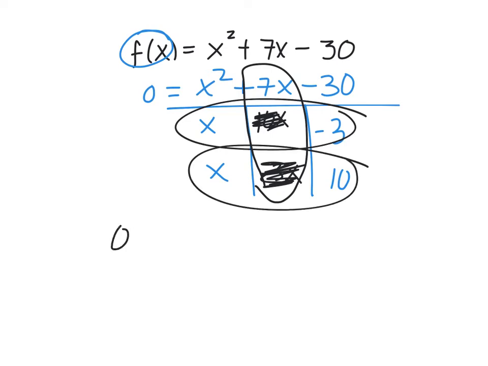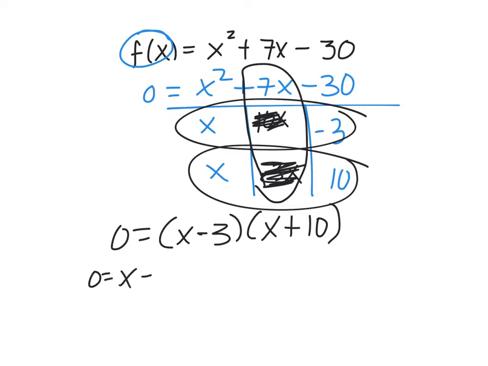So 0 equals x minus 3 and x plus 10. Now that you have the factors, we can find the x-intercepts. So we're going to set each factor equal to 0 and separate into different problems. So we have 0 equals x minus 3 and 0 equals x plus 10.